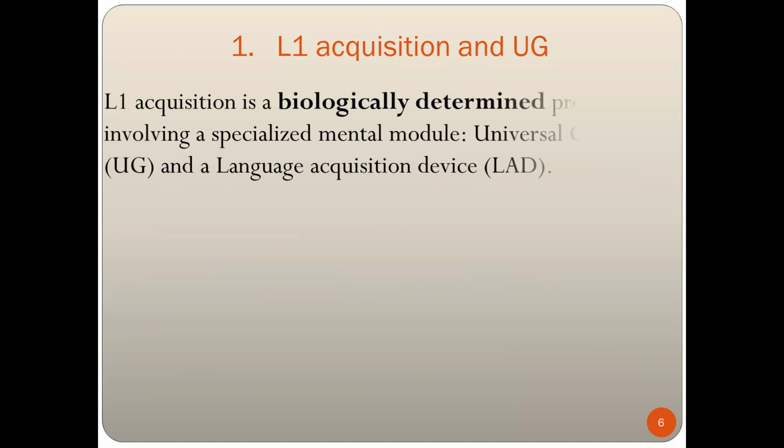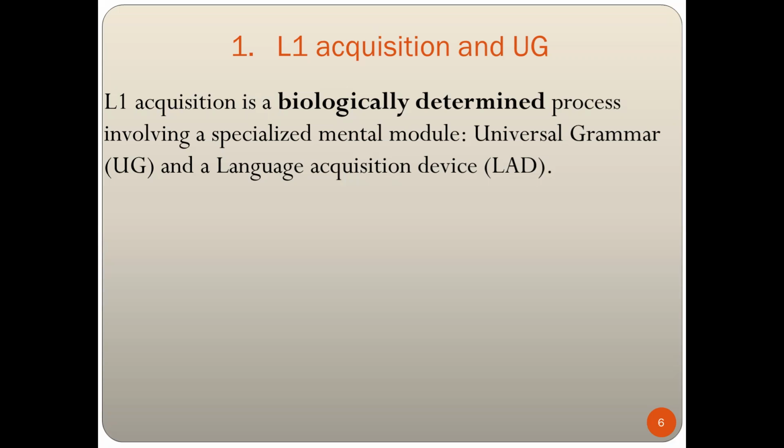Having looked at these facts, we can come to a reasonably confident conclusion that first language acquisition is a biologically determined process, and we can relate this to a very influential and popular linguistic theory called universal grammar, Chomsky's universal grammar, which states that the human mind has a specialized part which is responsible for language acquisition and language use.